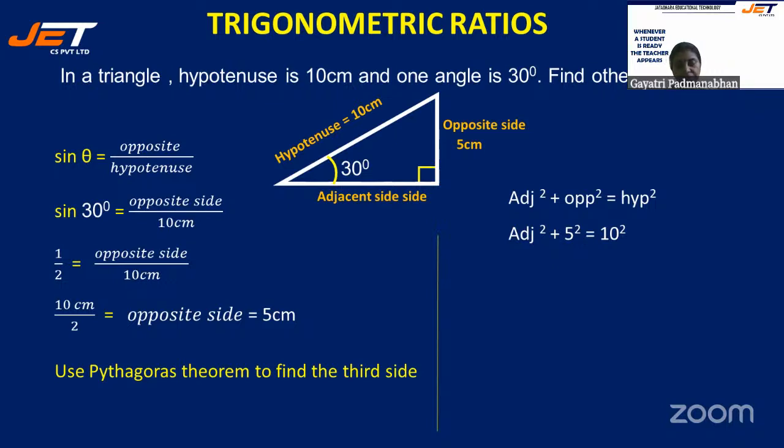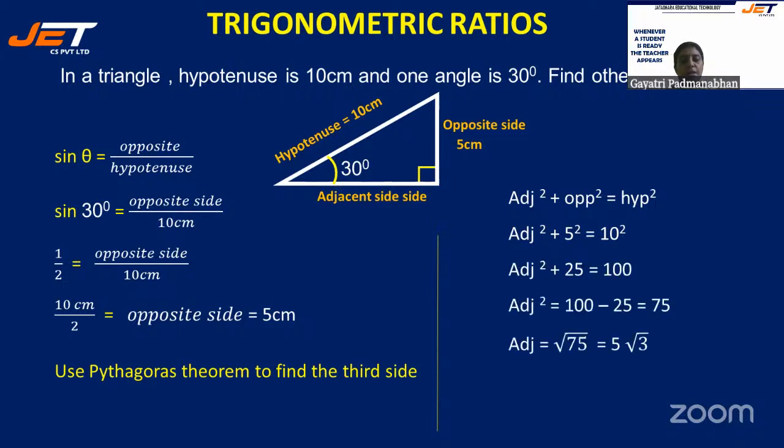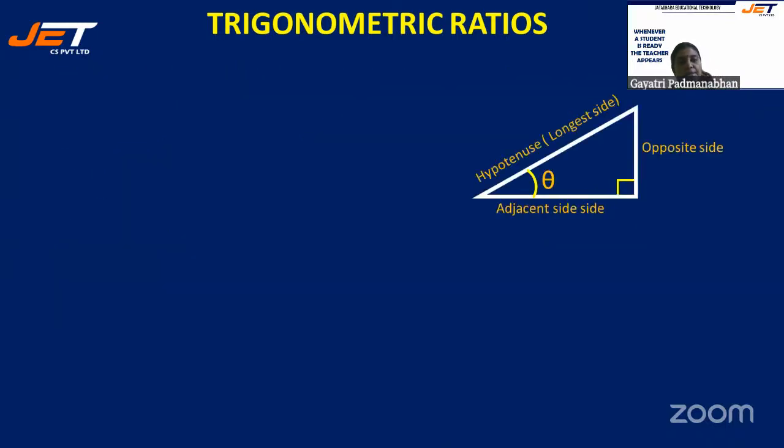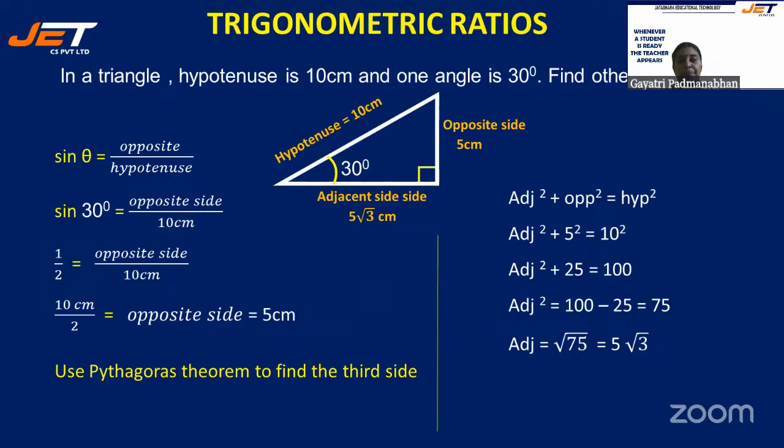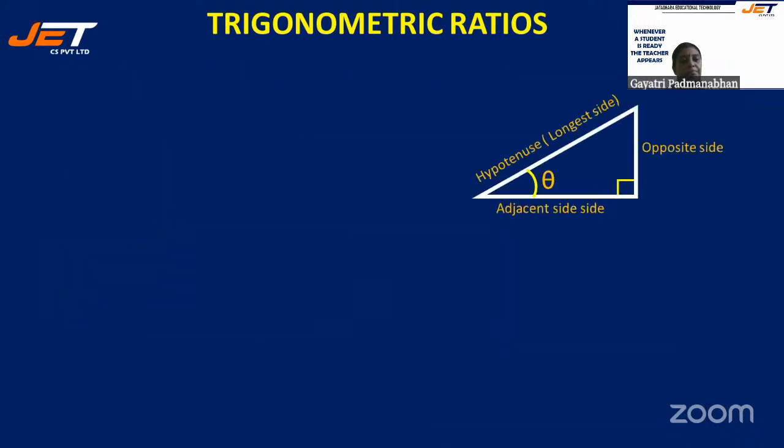Adjacent is not yet found out. So adjacent squared plus 5 squared equals hypotenuse squared, which is 10 squared. So adjacent squared is 10 squared minus 5 squared, so the adjacent side is 5 root 3. I'm sure this is very clear. We are moving on to the next sum.